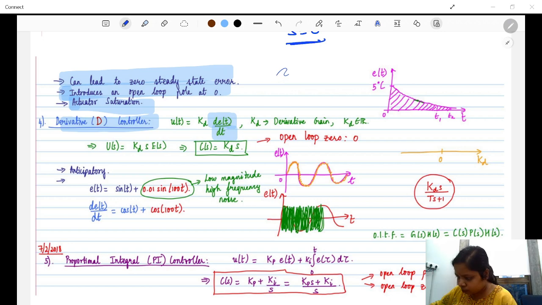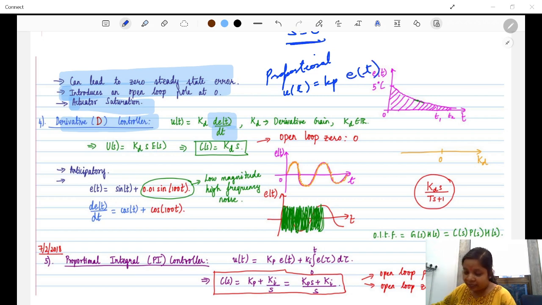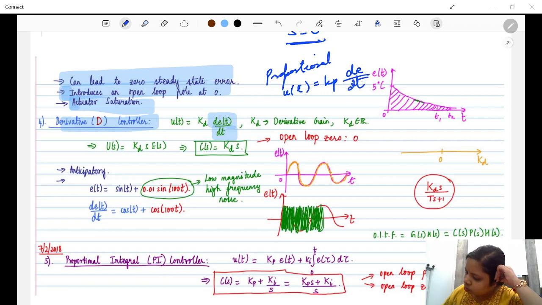When we had just the proportional controller, ut is equal to kp into et. When it was integral, we integrated this with d tau. When it is differentiation, we are taking the same thing and differentiating it with time. Okay, so this is the thing we are doing, differentiation.